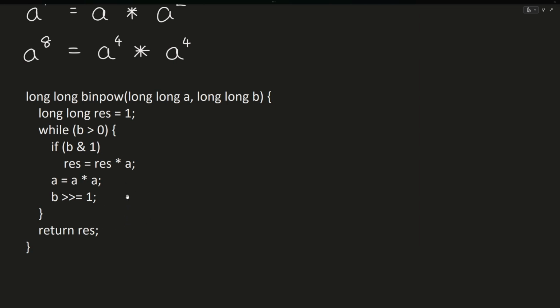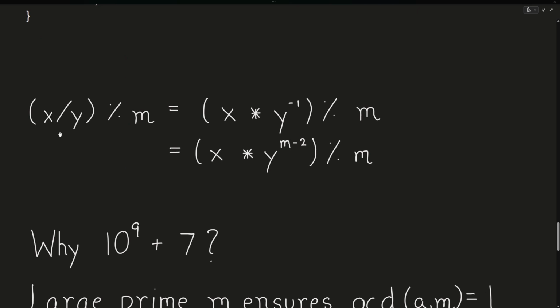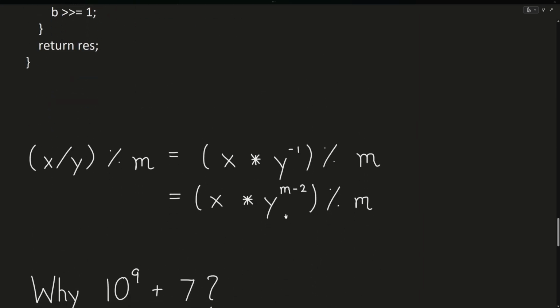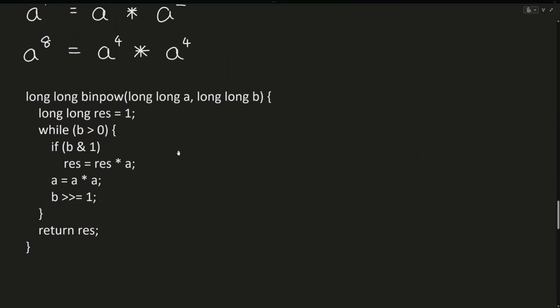And then we just return. So we can plug these in now. Consider x by y modulo m. That's equal to x into y inverse modulo m, which is also equal to x into y power m minus 2 modulo m. And this value we can calculate with this function.